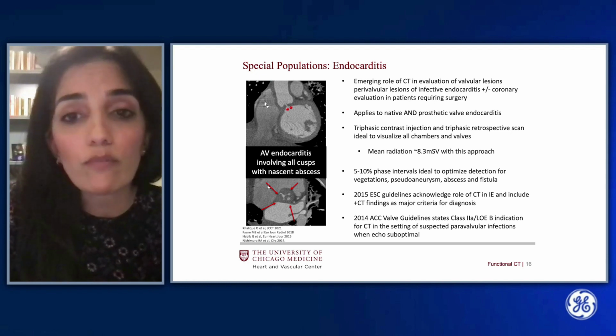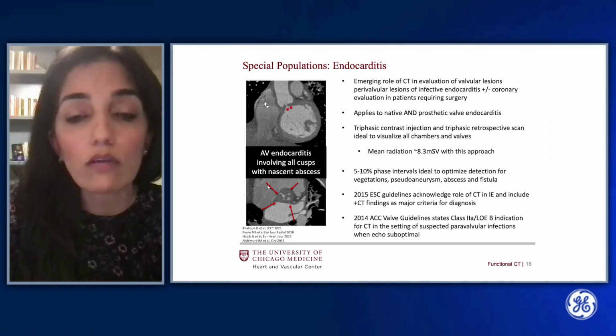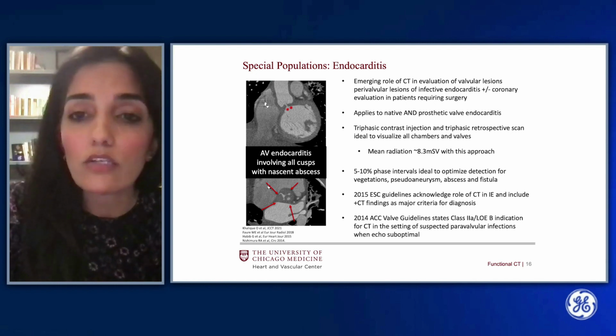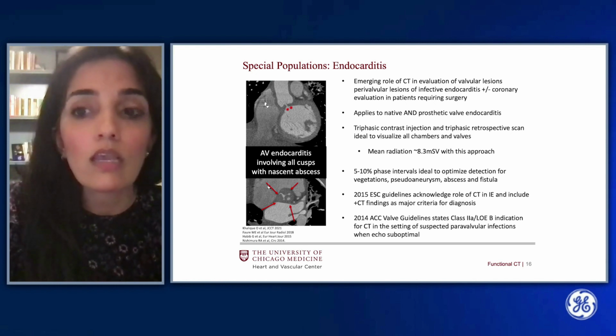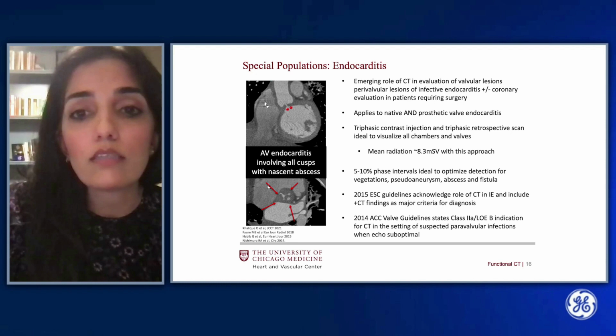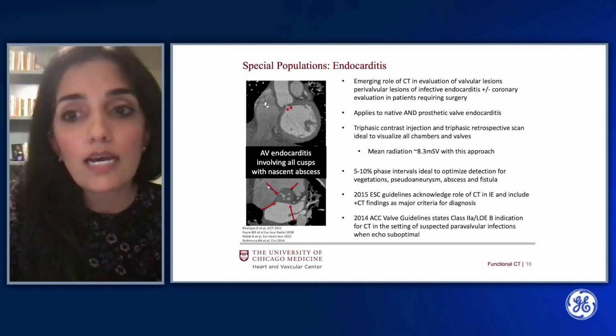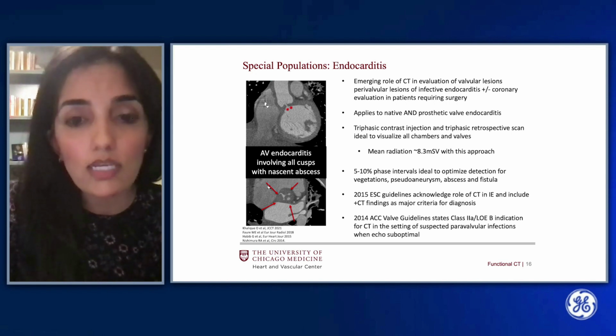A recent report from a center applying this protocol in a cohort of patients with endocarditis reported a mean radiation dose of 8.3 millisieverts, which again warrants careful consideration in the care of individual patients, but can often help in definitive management of this otherwise morbid condition. 5 to 10% phase increment reconstructions are ideal, again, to optimize detection of not just vegetations, but pseudoaneurysm, abscess, and fistula.